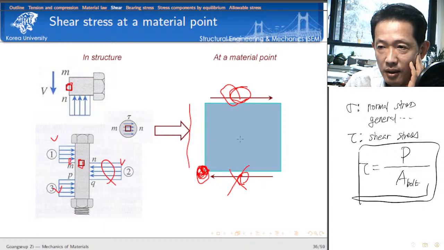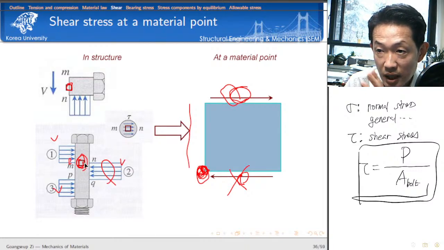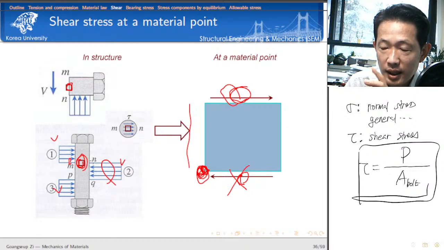That's why, but if you look at my material point, because this is a part of my bolt system, which is in equilibrium, in stationary condition, there's no movement, which means we can easily imagine that there is another set of forces.